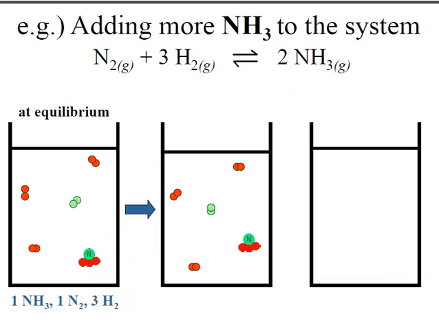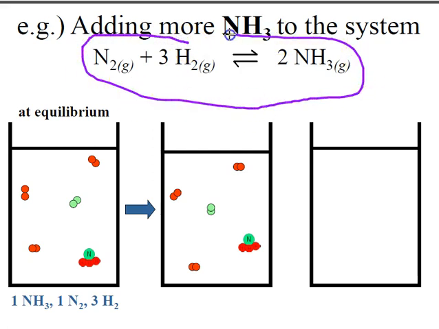All right, for example, here's our same system again. Here it is at equilibrium, just hanging out at equilibrium. And let's say we add more NH3. Remember that Q is products over reactants.